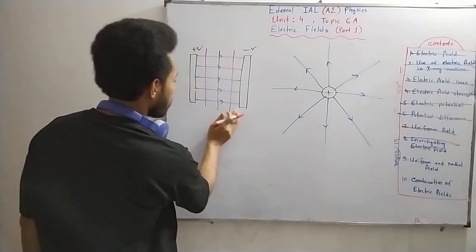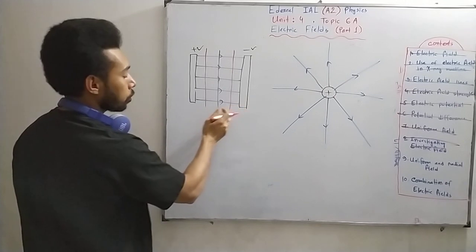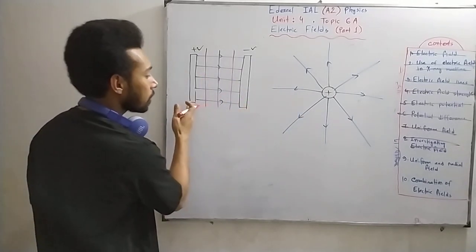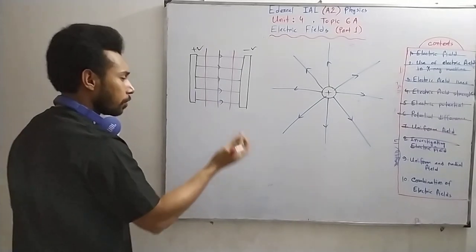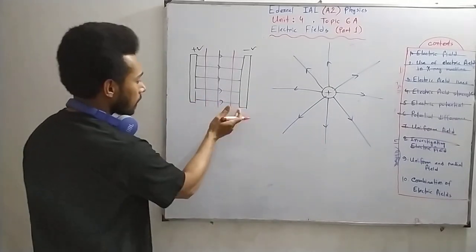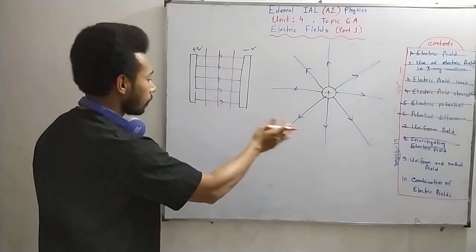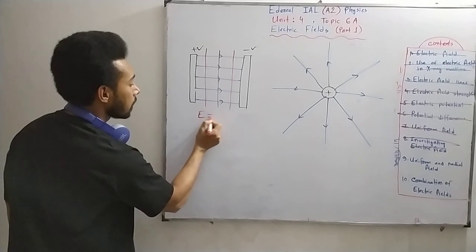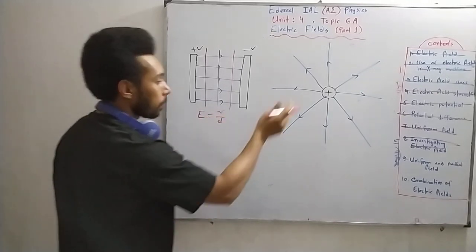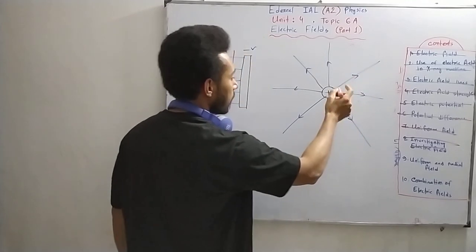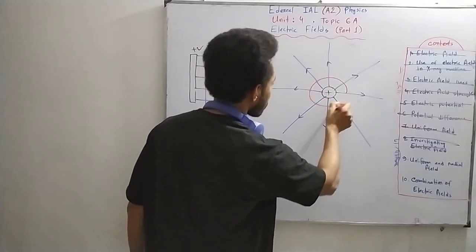Those are also equispaced because the equipotential shows how rapidly the potential changes. In this case the potential changes evenly with distance, and that's why we have the formula E equals V by d. But in the radial case the equipotentials will be like this.